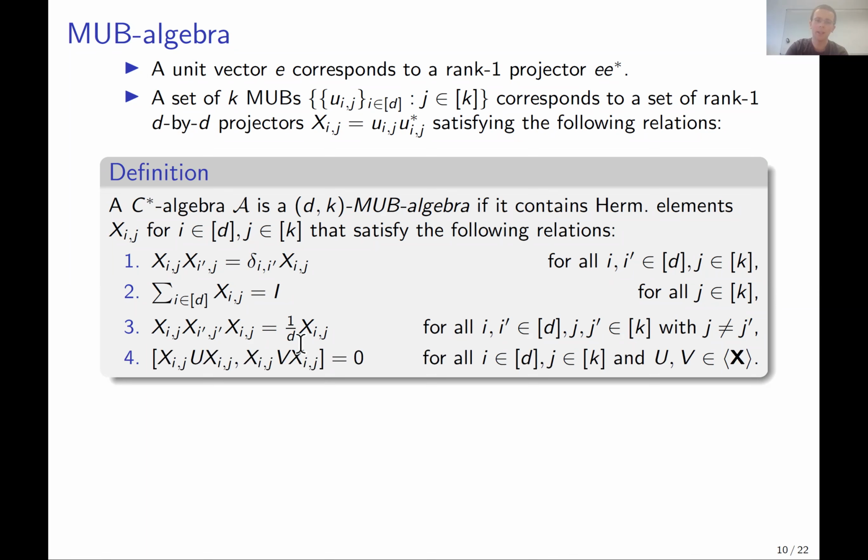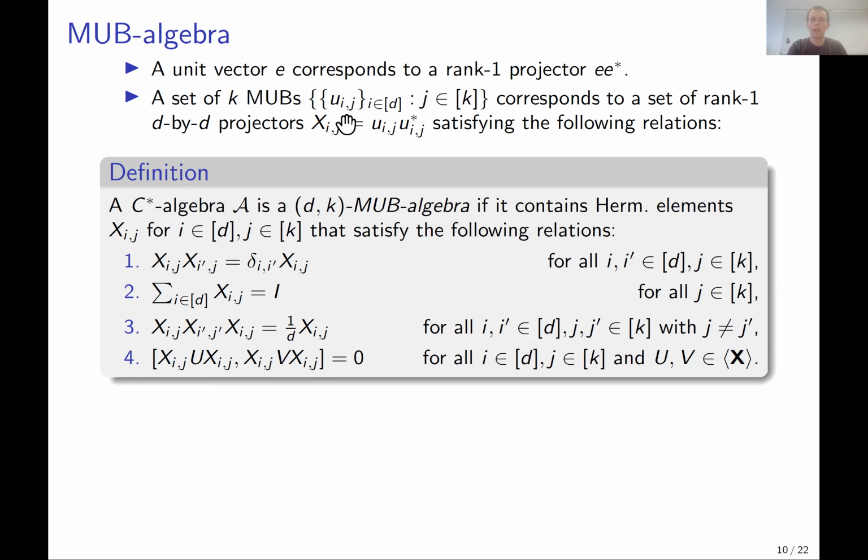And then there's a fourth condition, which is actually kind of similar in spirit to how you derive this third condition. So it says that if you look at any words in your algebra, so words u and v, for instance, and you sandwich u with x_ij from the left and the right, and you do the same for v, then these two things commute.